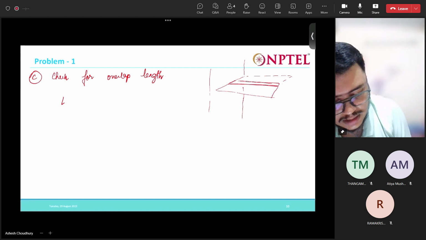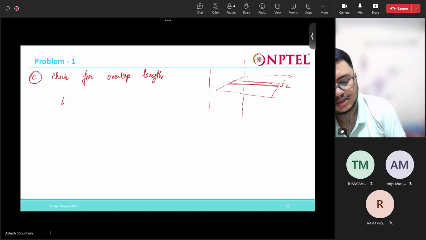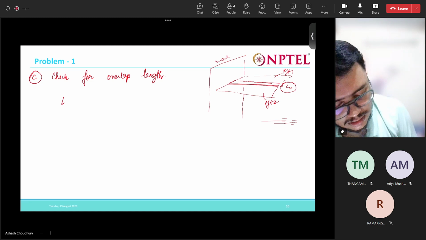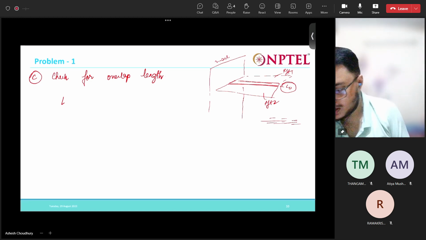So this is the overlap distance, that is L. Now this is the wall shape. These are the reinforcement, RFT1, this is RFT2. This is the overlap length. We are checking for this overlap length. Since the overlap will be like that, there are four surfaces, 1 2 3 4.